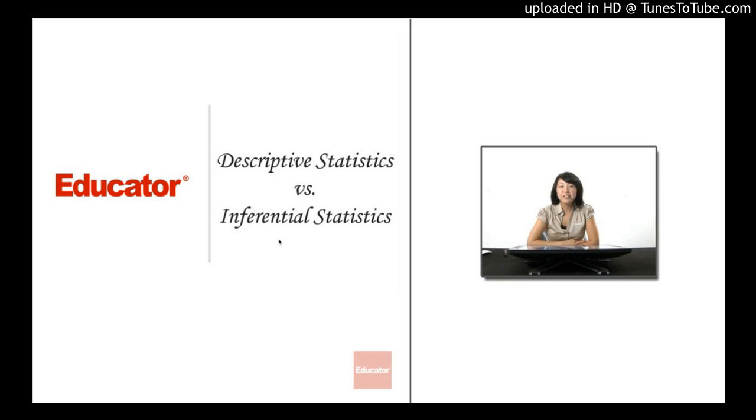Let me just write it here, let's see. So z equals we have x bar minus mu, right? Or mu sub x bar, they're the same. And this gives us the distance in terms of just the raw values, right?